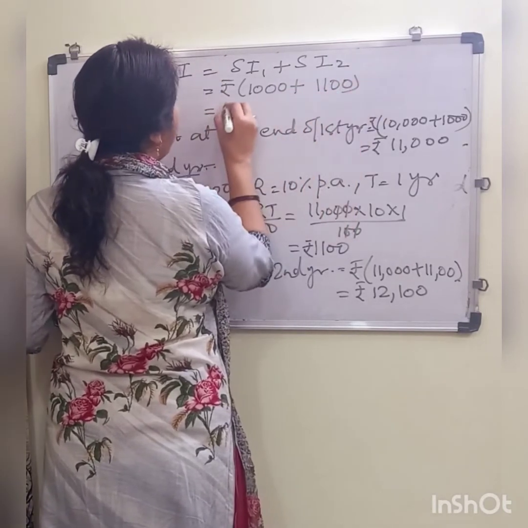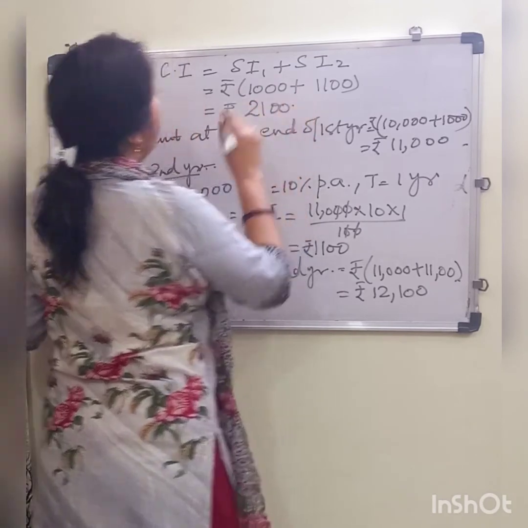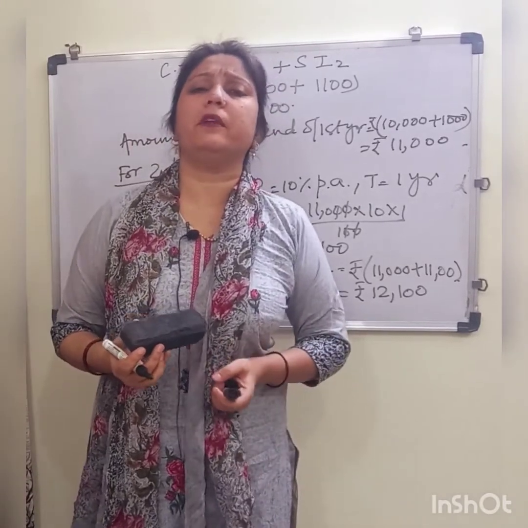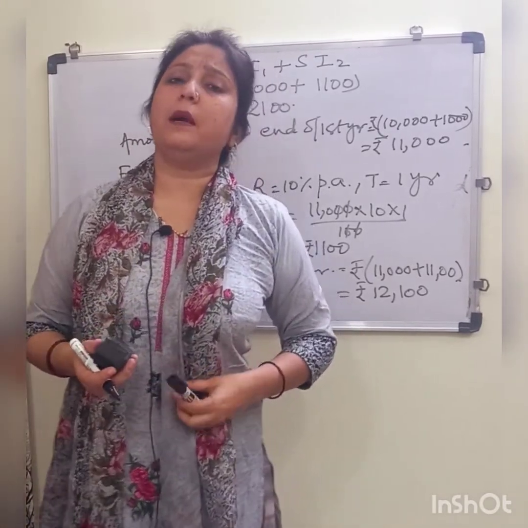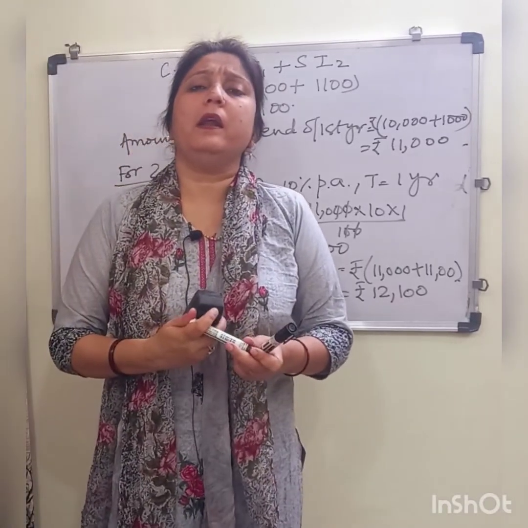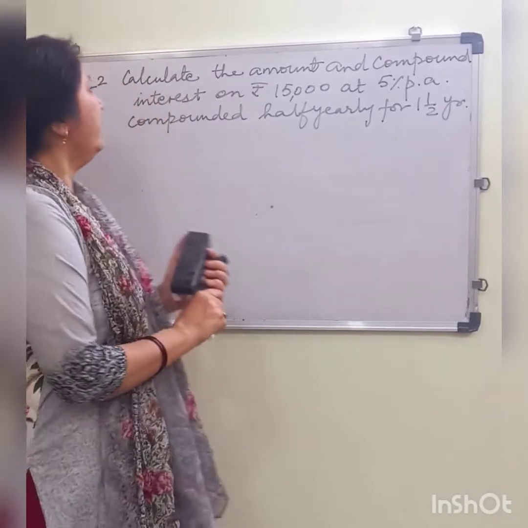So overall it becomes rupees 2100. This is how we can make use of formula of simple interest to calculate compound interest when interest is being compounded annually.